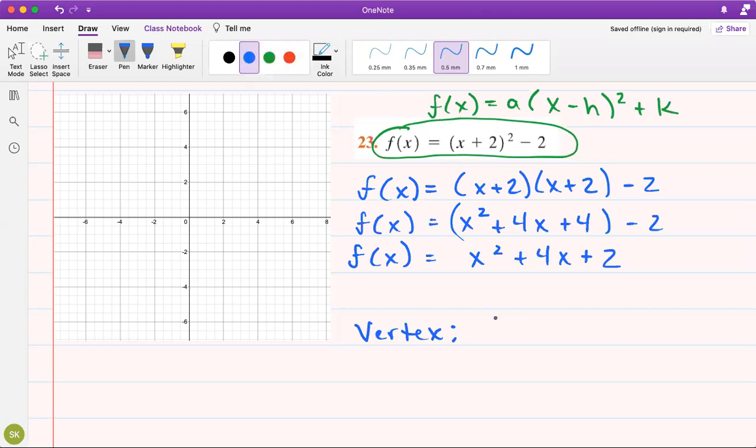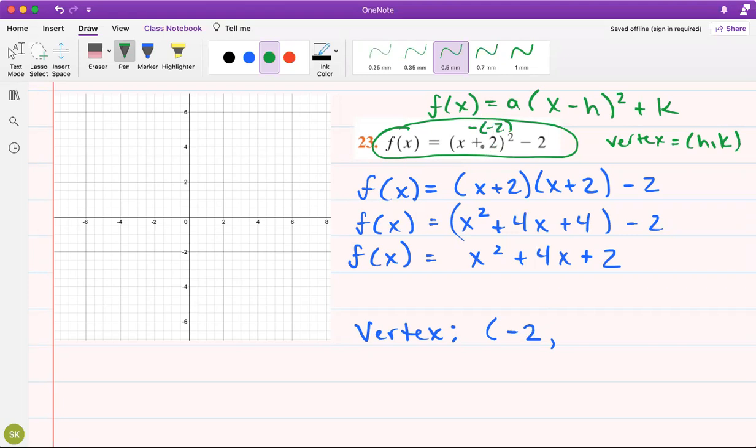So the h is negative 2. Because remember, the vertex is h comma k. So let me put vertex is h comma k. Here I have a plus 2, which is the same thing as a minus negative 2. So that's where I'm getting this negative 2.